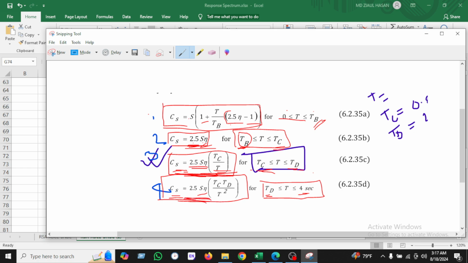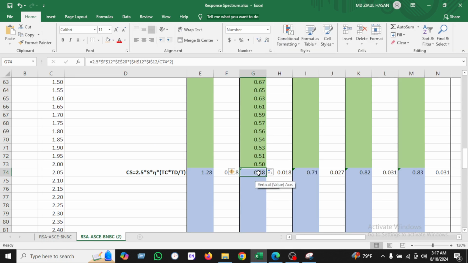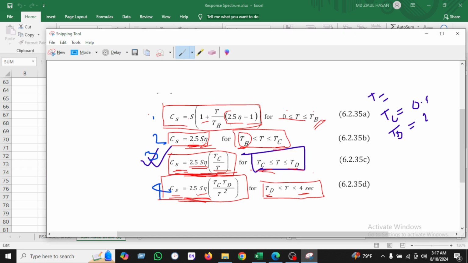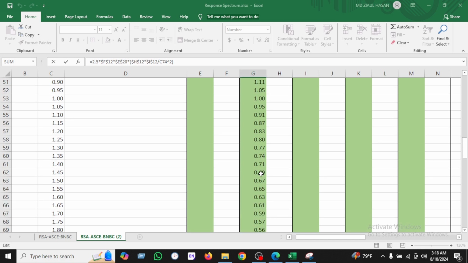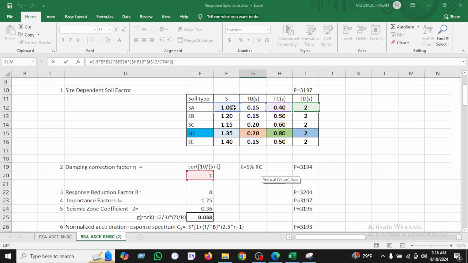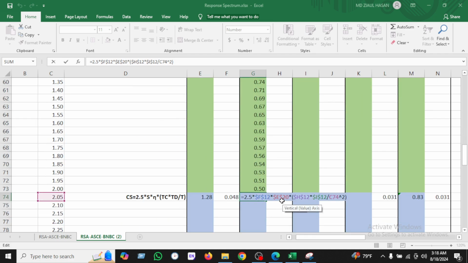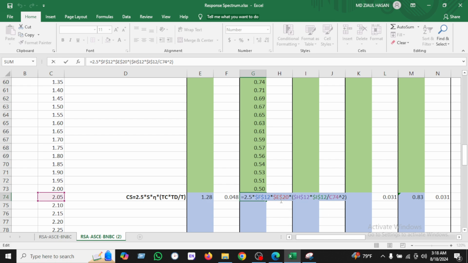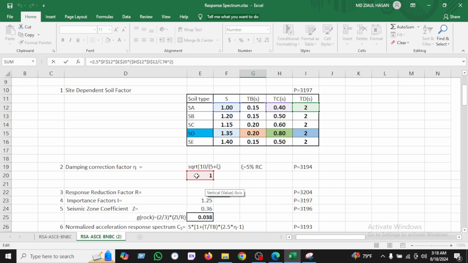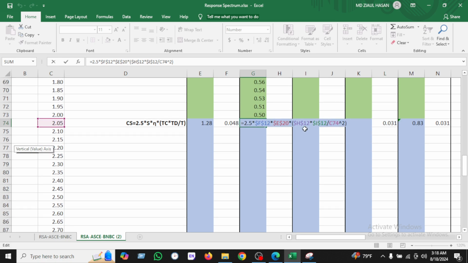The fourth formula is 2.5 into S, where S is the cell number F12, and E20 is the damping coefficient, eta.